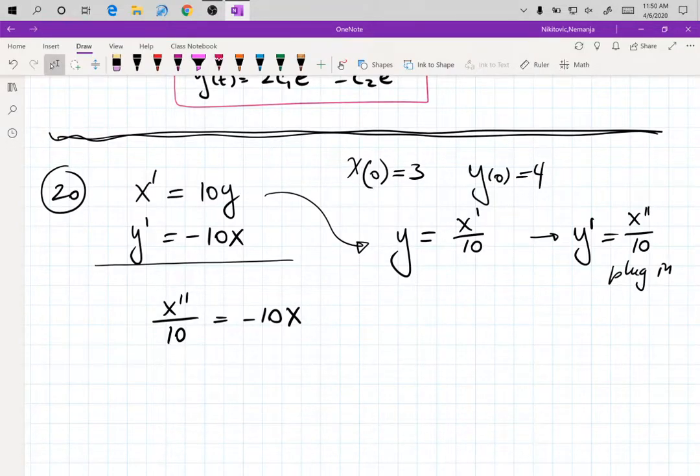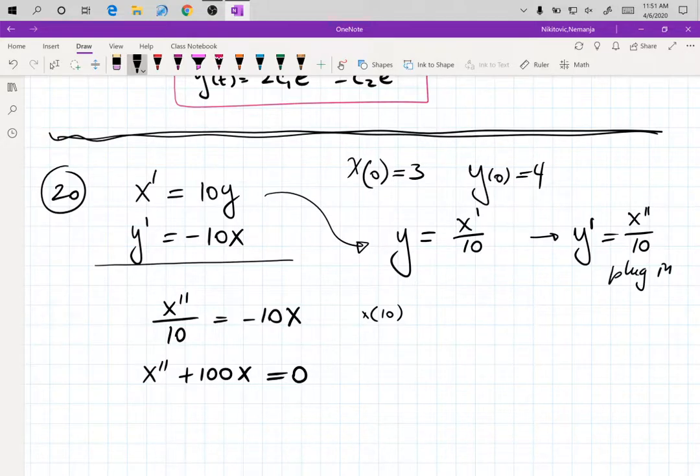I'm going to multiply the whole equation by 10 and get x double prime plus 100x equal to 0. That's it. So instead of y prime, I put in x double prime. I keep the x because I want all of them to be in terms of the same function x of t.